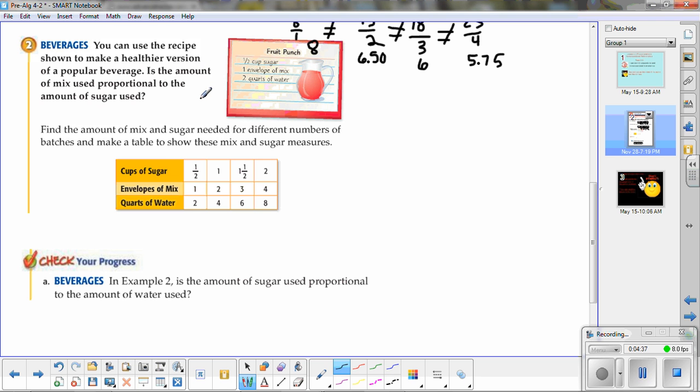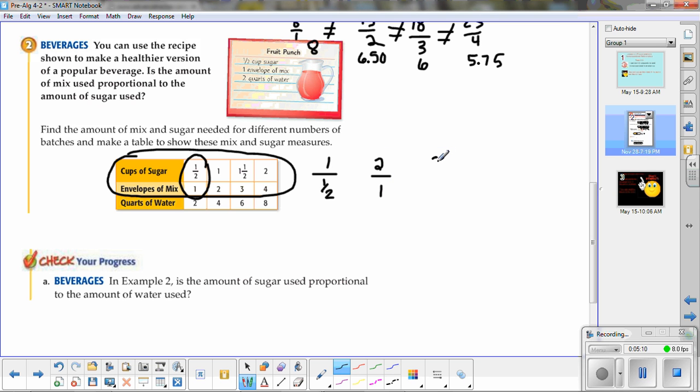So we want to know, is the amount of mix used proportional to the amount of sugar? So we're looking at these two things right here. So I'm going to compare these ratios. One envelope of mix for a half a cup of sugar, 2 envelopes of mix for 1 cup of sugar, 3 envelopes is going to be 1.5, and so on.